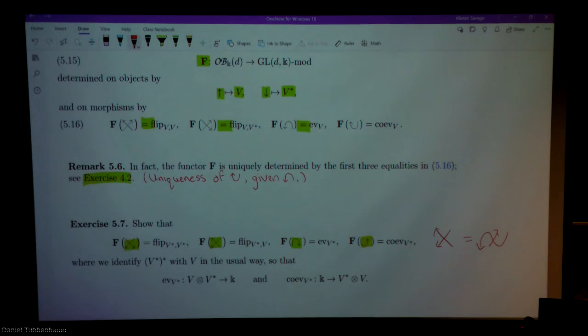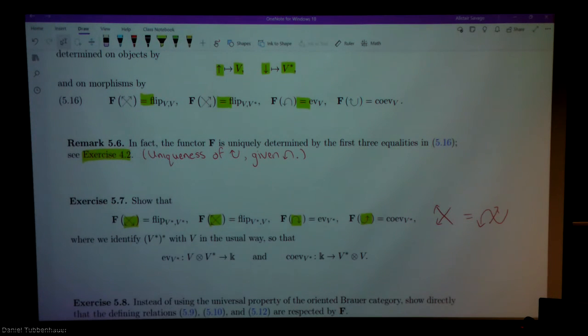It's the flip of V dual, right? And same thing for the other ones. So the right cap and cup, for instance, are evaluation and co-evaluation for V star, as long as you identify V double dual with V in the usual way, so that these have a V appear here instead of a V double dual for these evaluation maps on the dual.